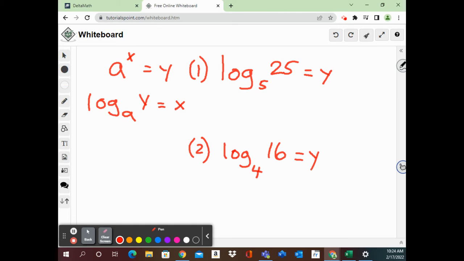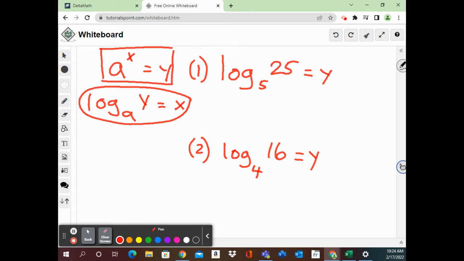All right, so right now we have two very basic examples that we want to go over. We start with a basic logarithm for both examples, and we want to turn it into an exponent expression. Why?